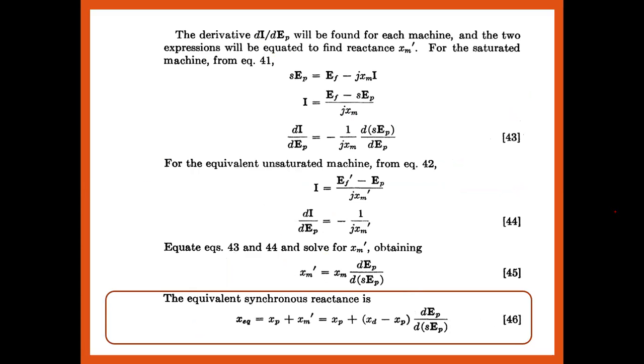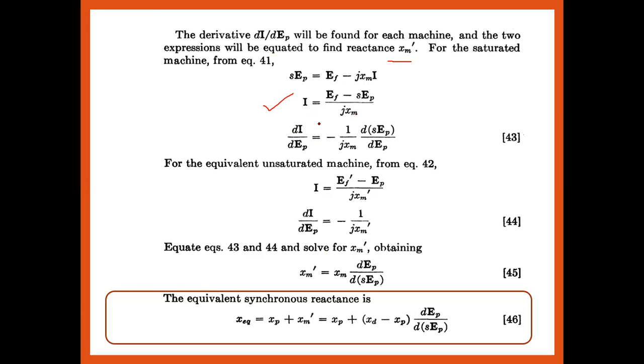The derivation, which is observed from the two machine system, is used to find the reactance XM dash, the equivalent saturated reactance. For the saturated machine, EP is equal to EF minus jXM into I, and by simplification, I is equal to EF minus S EP upon jXM.